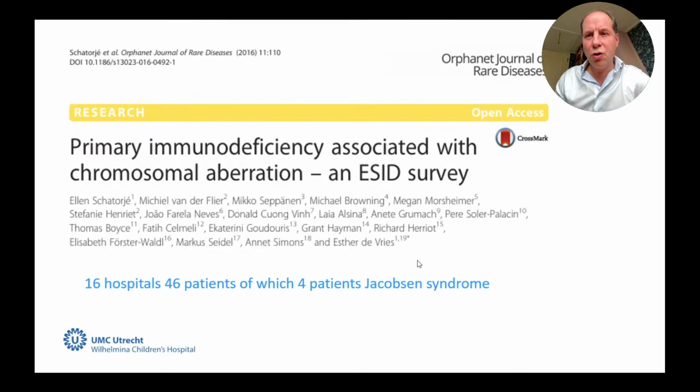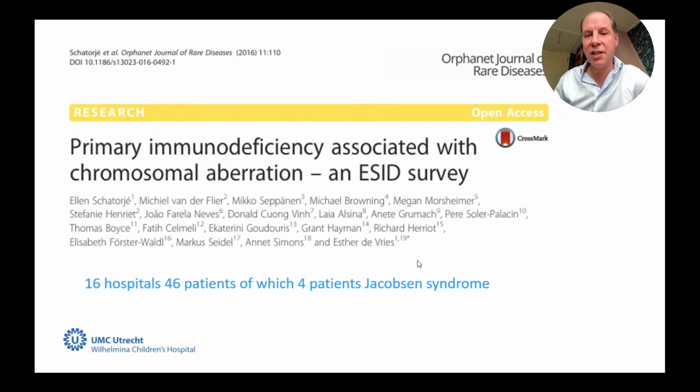A few years ago, we did a survey in Europe, and through the Immunodeficiency Society, 16 hospitals cooperated to look in their populations. In these 16 hospitals, there were 46 patients with immune deficiency that was part of a syndromal condition. And 4 of these were patients with Jacobsen syndrome.